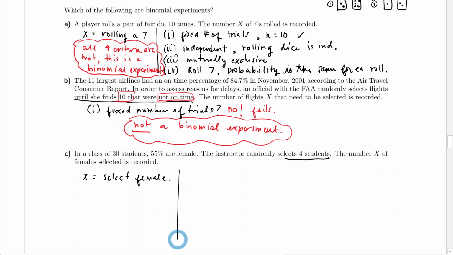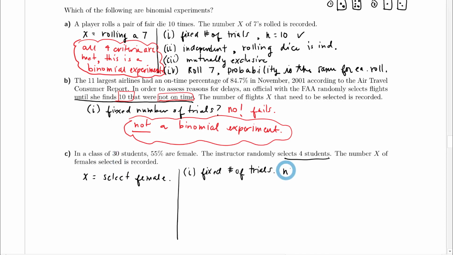Okay, so let's go through the criteria. The first criteria is a fixed number of trials. Yeah, so how many students does she have in her class? 30. So she selects 30, and then the event that's successful would be the ones that she selects that are female.